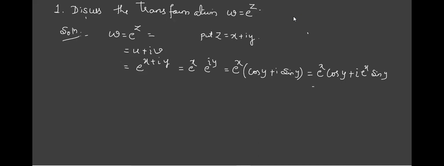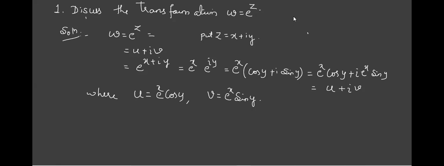Is it in the form u plus iv? Let's check. Yes. Now from here, you just compare and tell me what u is. u is e raised to x cos y and v is e raised to x sin y.